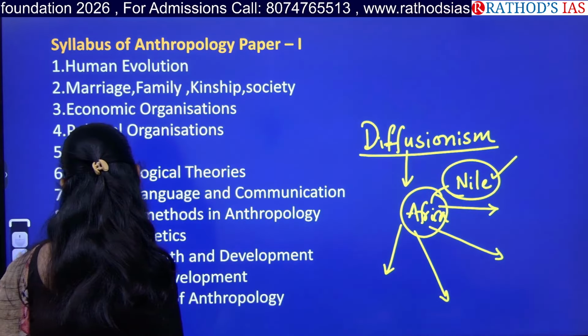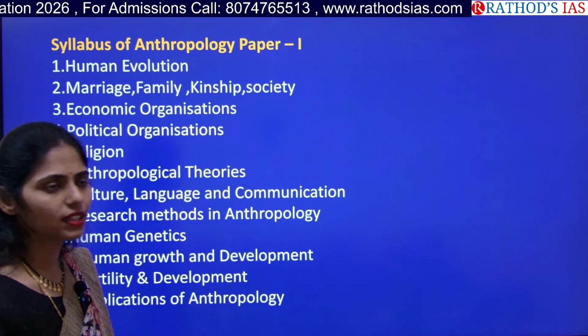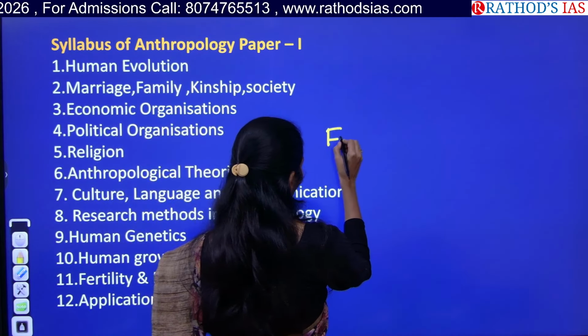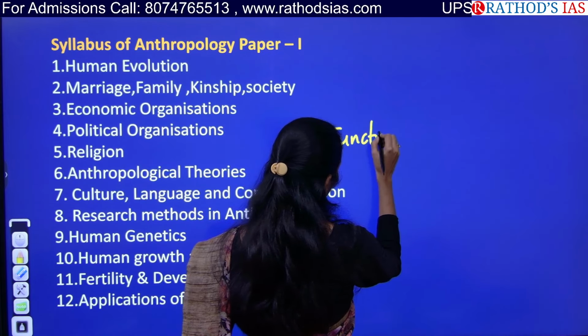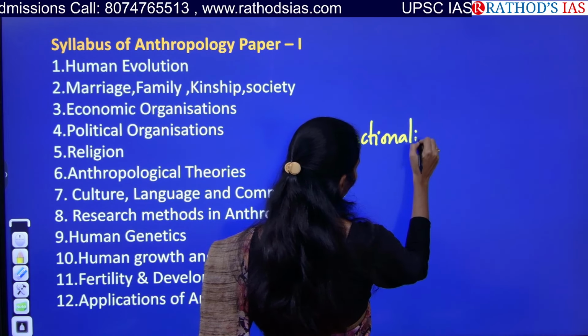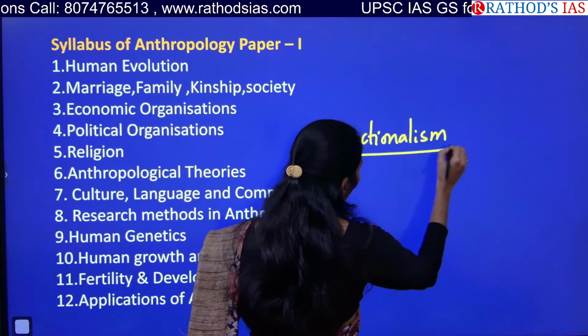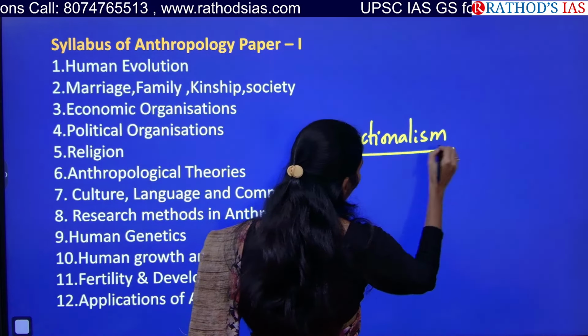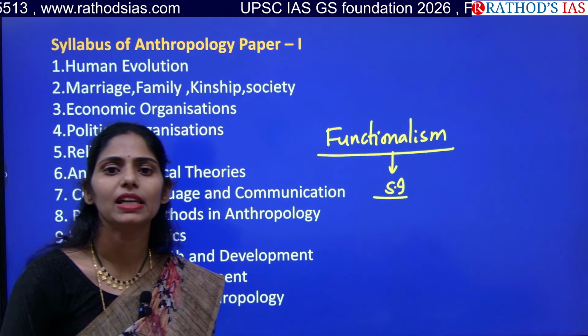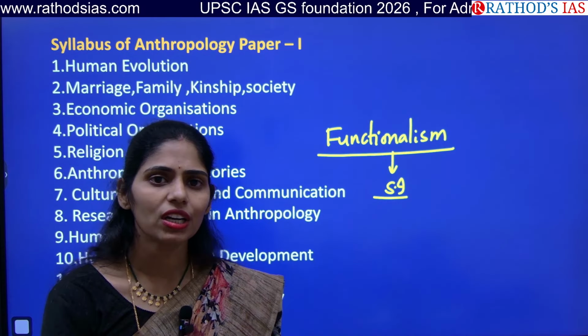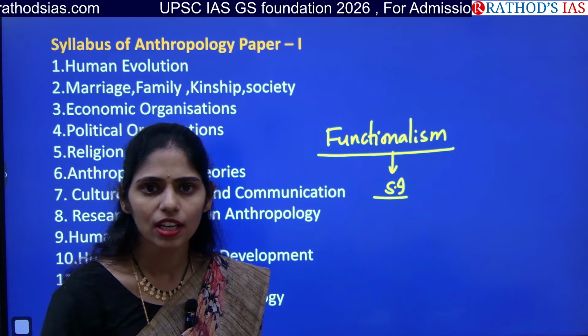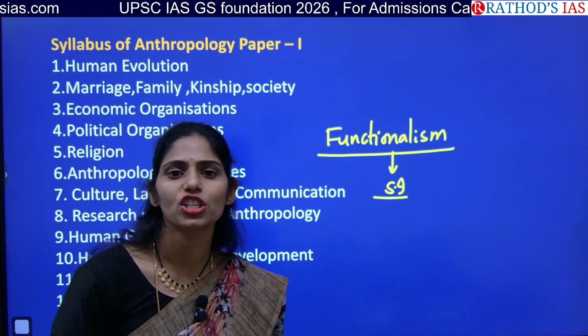So like that, I want to give you one more example of a theory called functionalism. Okay, so what is this theory? Functionalism says we have different social institutions. For example, we have marriage, we have family, like that, right? So whatever social institutions are there, they have certain functions to perform.